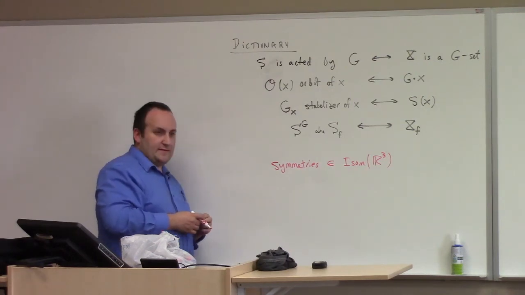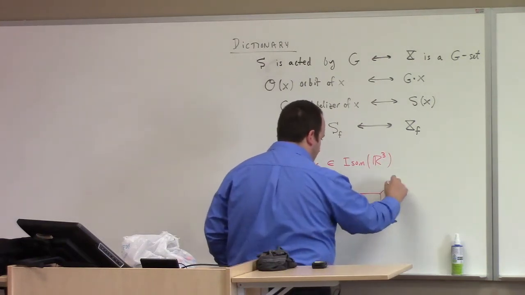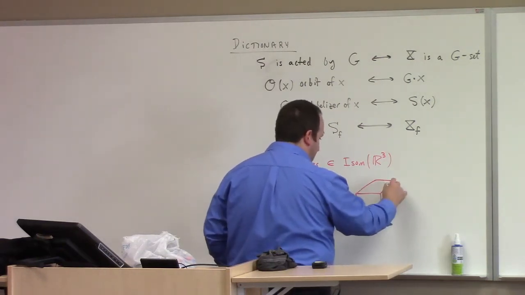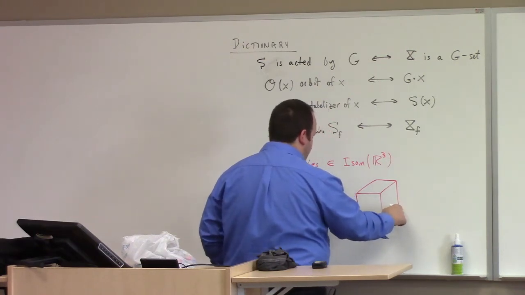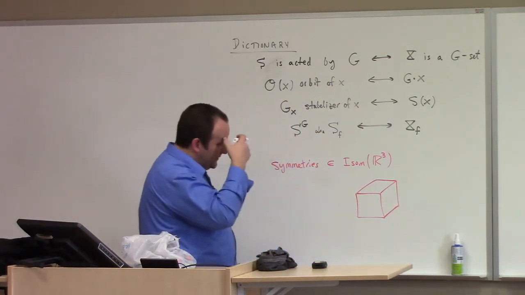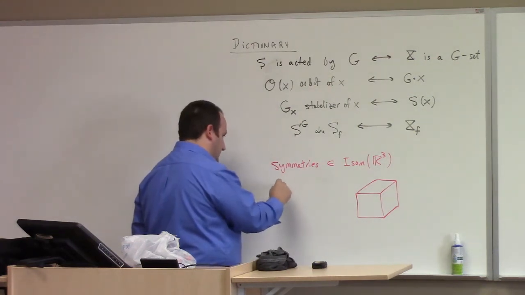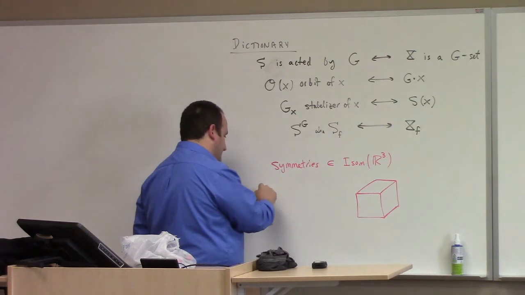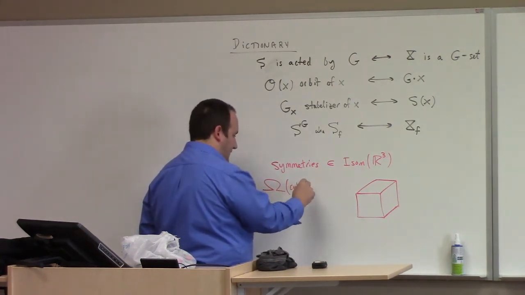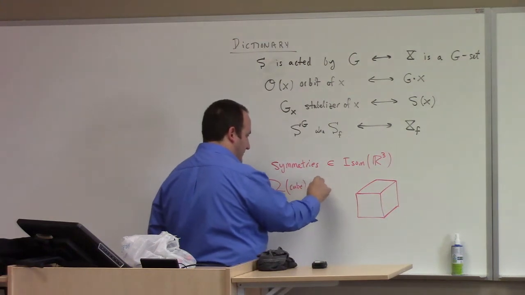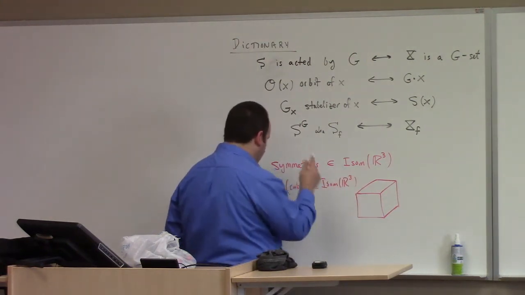So isometries of R3 include both rotations and reflections, right? If we look at the cube, and if we look at the faces on the cube as the set under which the isometry group is acting, and particularly the symmetries. I said it in class yesterday, but the symmetries of the cube are going to be a subgroup of the isometry group in R3.